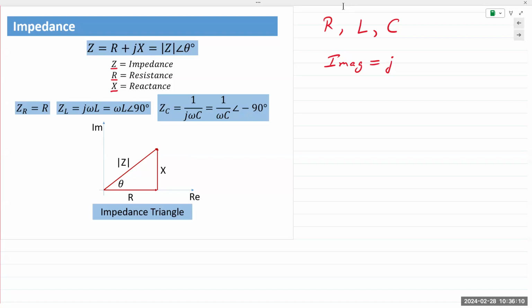It is opposition to the flow of current, opposition to the voltage, opposition to any change in the input voltage or any change in the input current. Okay. If the current or voltage is constant, an inductor becomes a short circuit, and a capacitor becomes an open circuit. But anytime you change that input current or input voltage, there is an opposition to that change. And that is represented by the reactance.